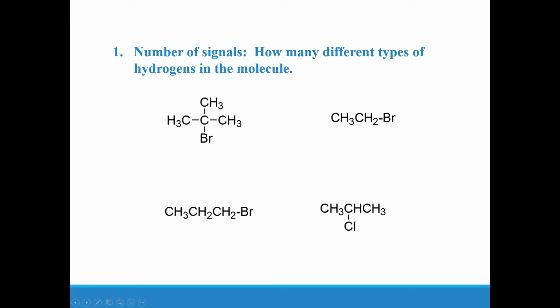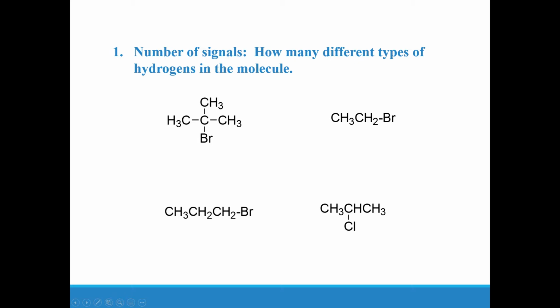A couple more examples. Here we have 3 groups of hydrogen. However, they are all the same type because they share the same symmetry and are equidistant from each other as well as from the bromine.